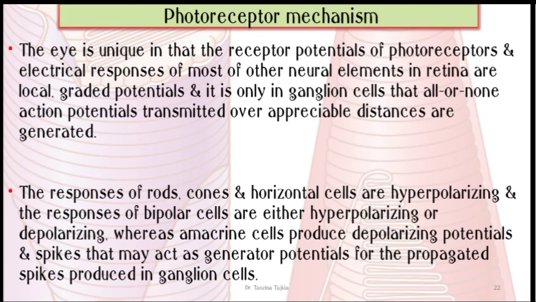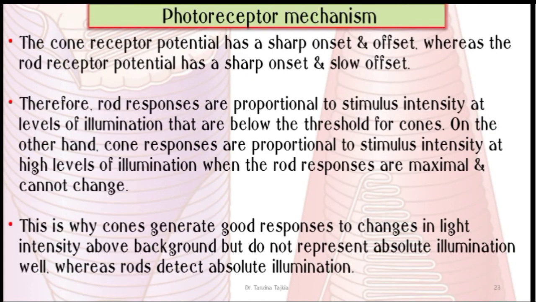The eye is unique in that the receptor potential of photoreceptors and the electrical responses of most other neural elements in the retina are local graded potentials, and it is only in the ganglion cells that all-or-none action potentials transmitted over appreciable distances are generated.